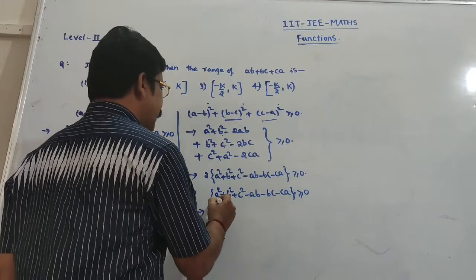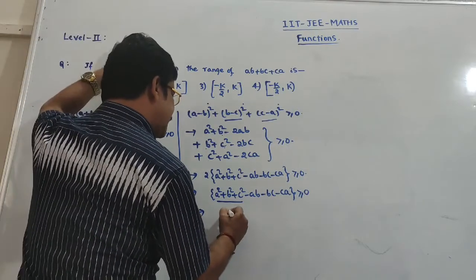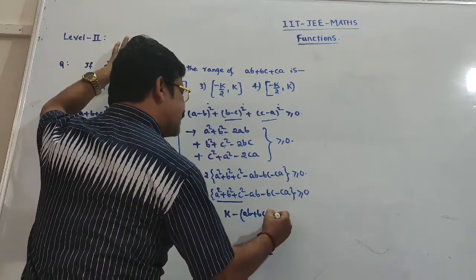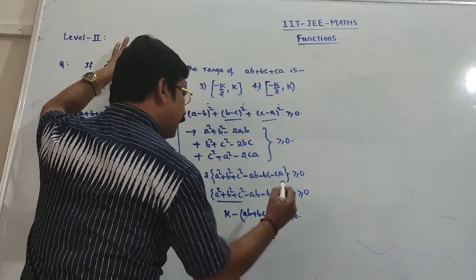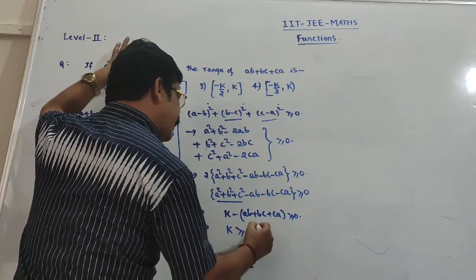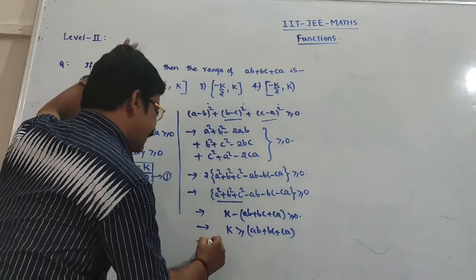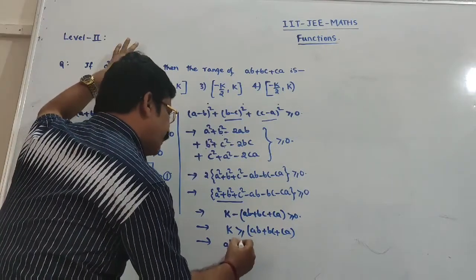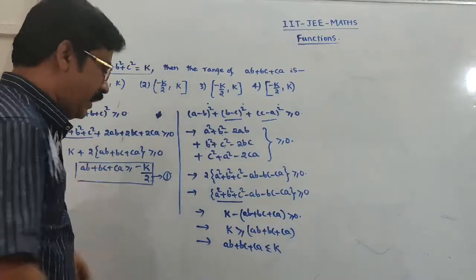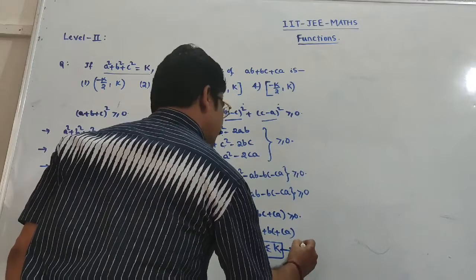So that implies a square plus b square plus c square is given as k. So this is k minus of ab plus bc plus ca is greater than or equal to 0. So that implies k is greater than or equal to ab plus bc plus ca. So that means ab plus bc plus ca is less than or equal to k. Let it be statement number 2.